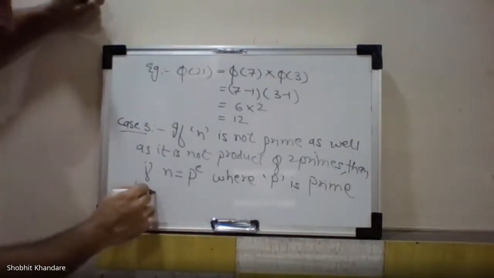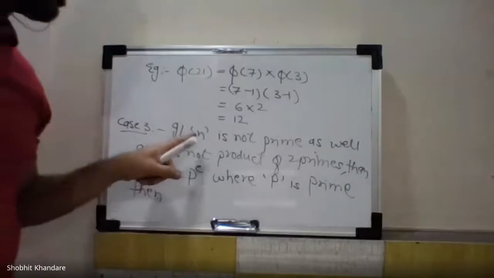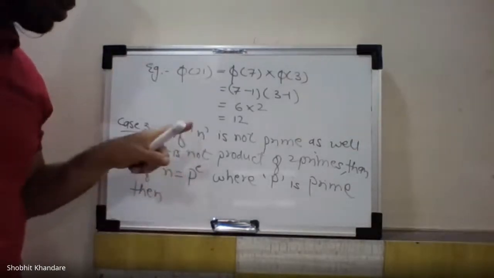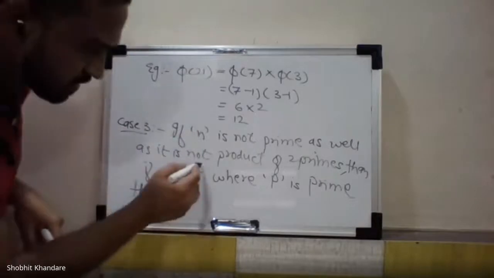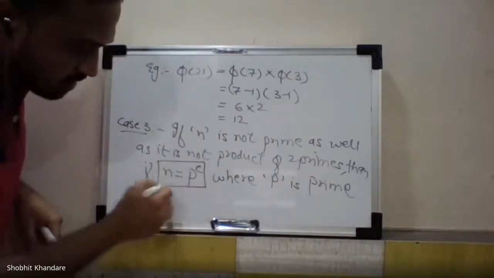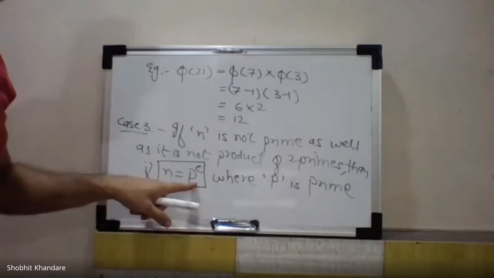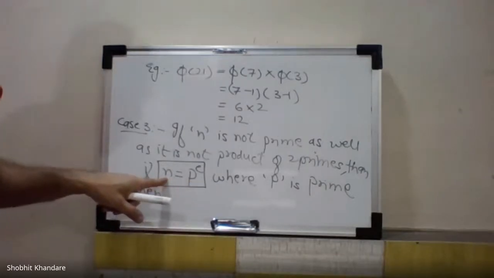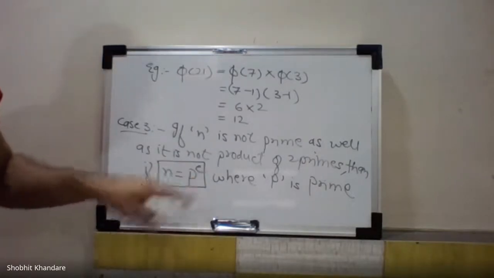then, obviously, when n doesn't fall in case 1 and case 2, we have to write down n in such a way that it should be p to the power of e, where p is a prime number. So we have to represent n in the form of p to the power of e.